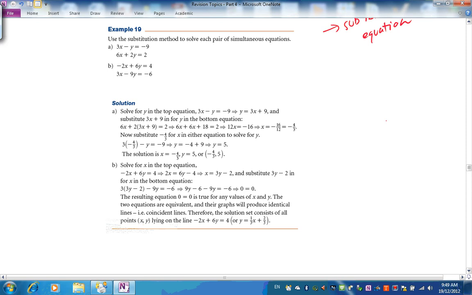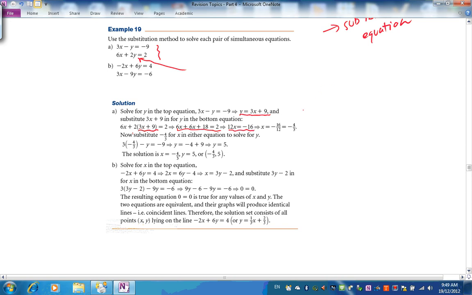Let's have a look at that in action rather than talking about it. Here, let's look at solving these two. So let's rearrange the first one and get y equals 3x plus 9. Now, if we stick that in here instead of y, what have we got? 6x plus 2 lots of 3x plus 9, and we keep simplifying that, and we find we've got 12x equals negative 16.